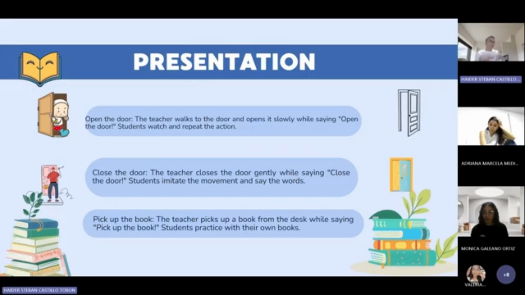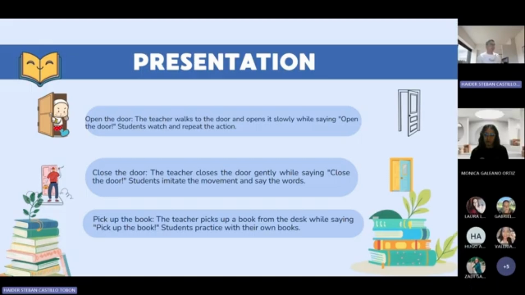For example, first slide, first message is open the door. La acción abrir la puerta no solamente se hace en casa, sino que es algo básico para salir de tu cuarto, para salir de tu casa, para entrar. Entonces, el hacer la acción y decir, please, open the door, es mucho más práctico para que quien esté contigo pueda aprender.